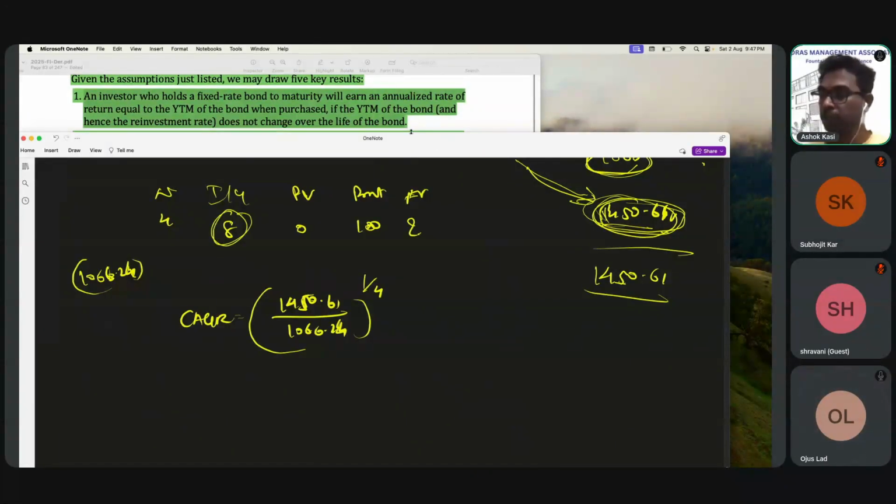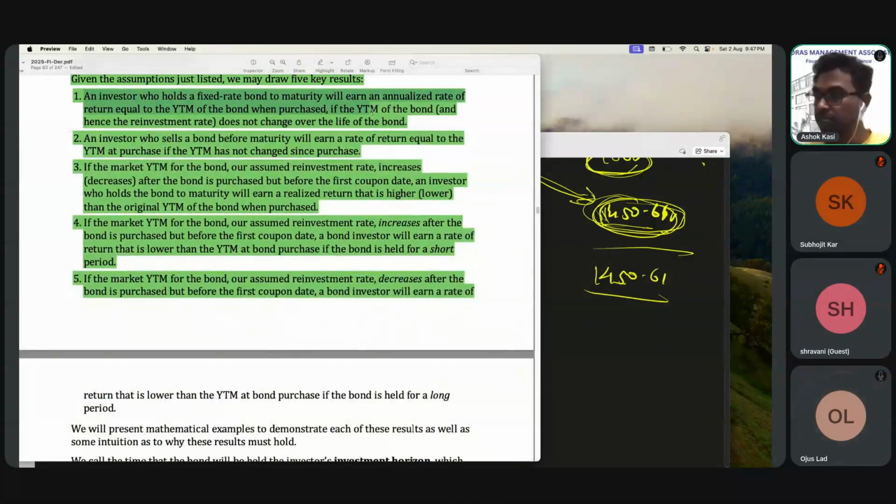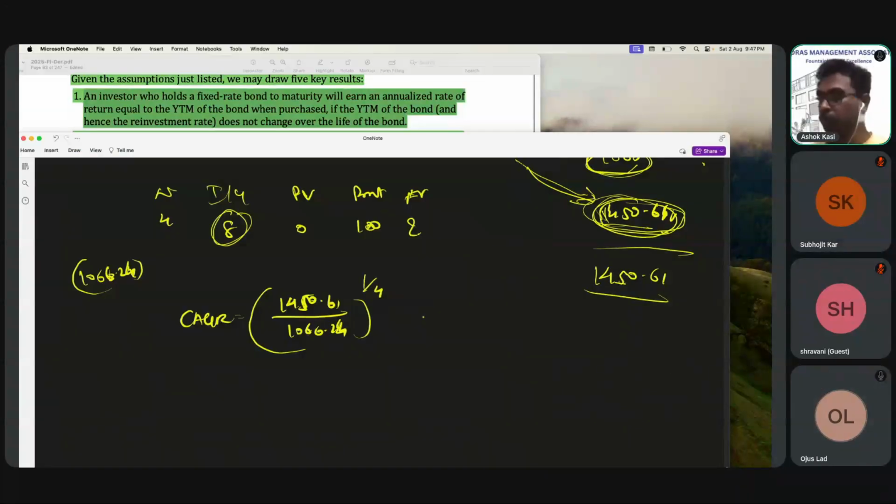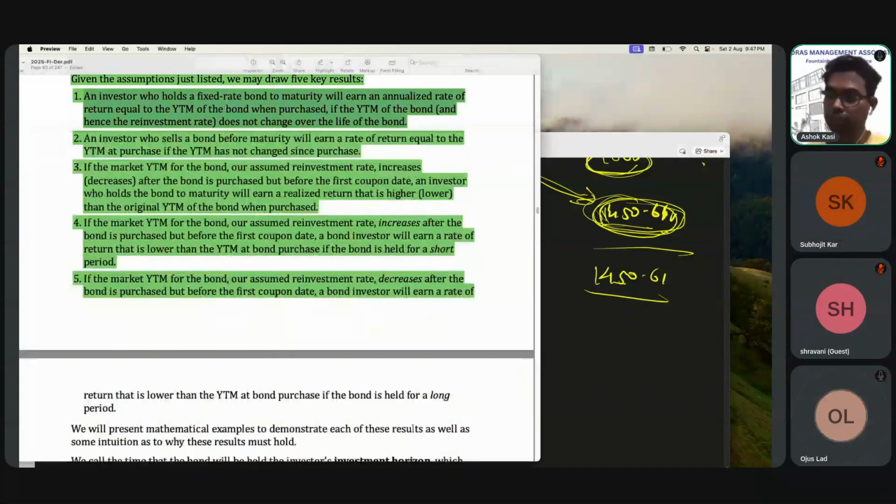If you can understand this statement, that means you have practiced enough sums. If you know the sum, there is no guarantee that you know the theory. But if you know the theory, it's more likely that you will know the sum, because you cannot mug up all these things.